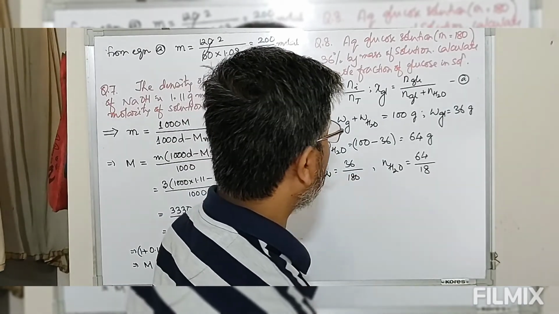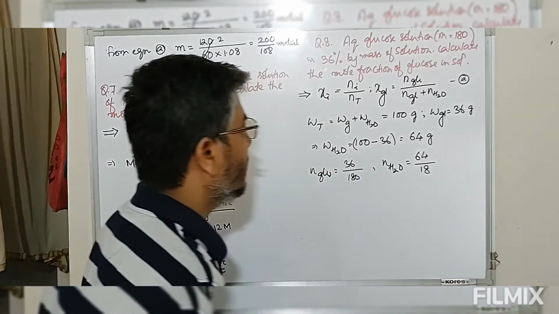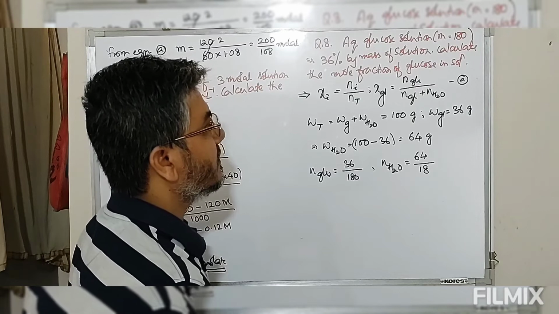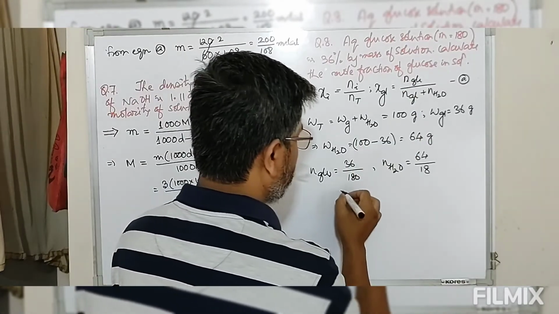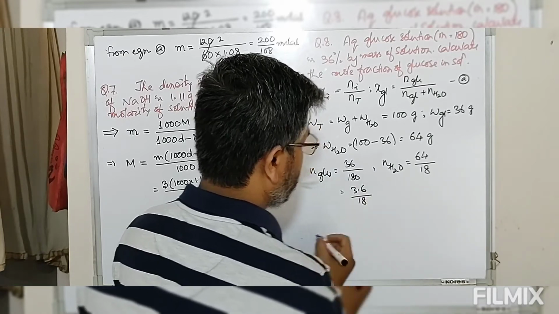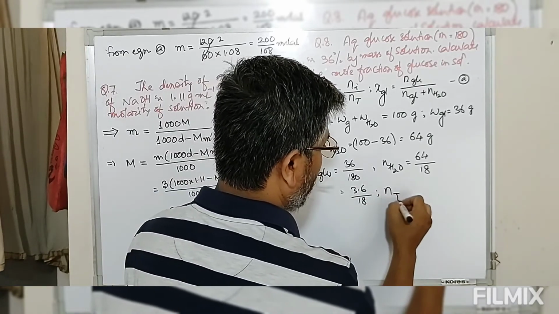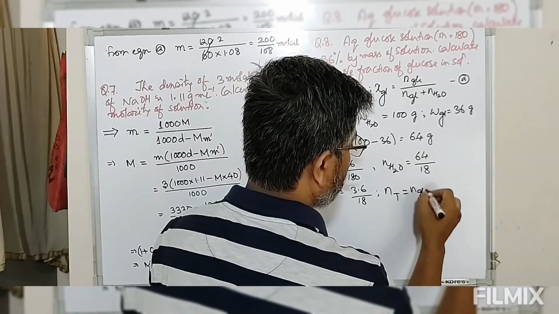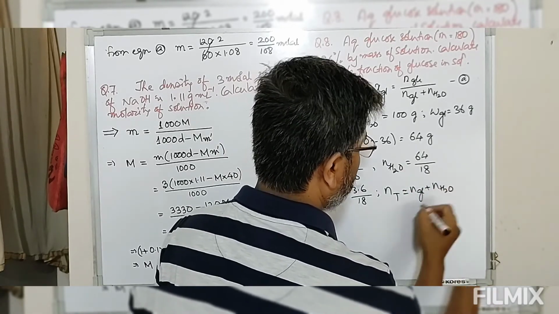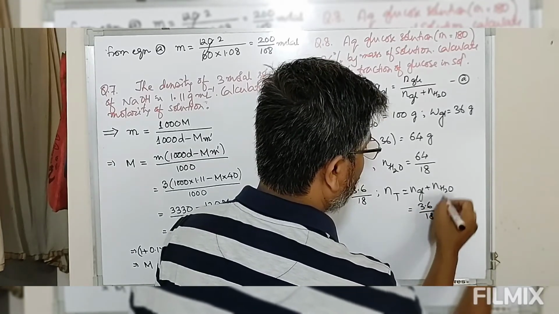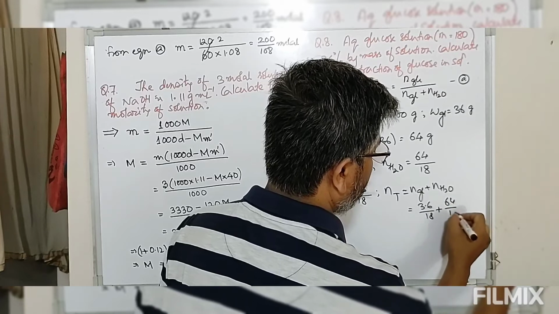Once we have these, we can easily define this mole fraction. So this is 3.6 divided by 18. Therefore total number of moles is number of moles of glucose plus number of moles of water. Glucose is 3.6 by 18, water is 64 divided by 18.